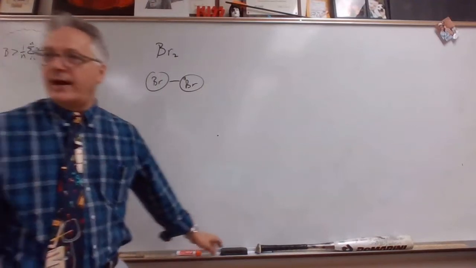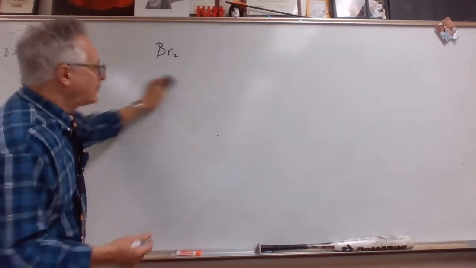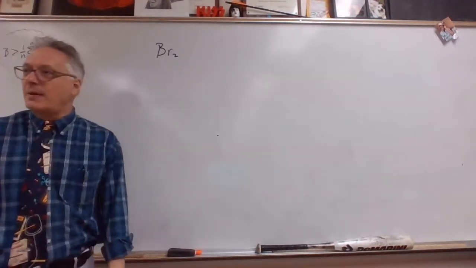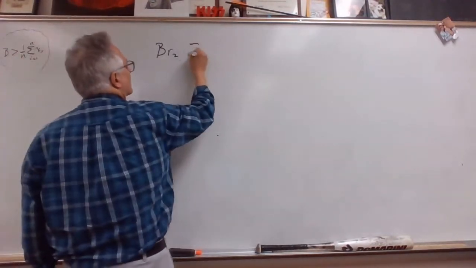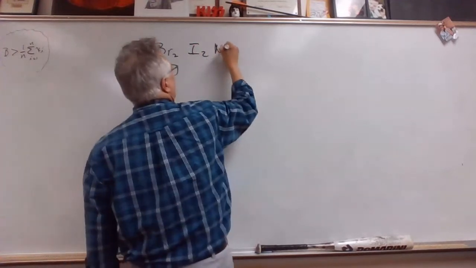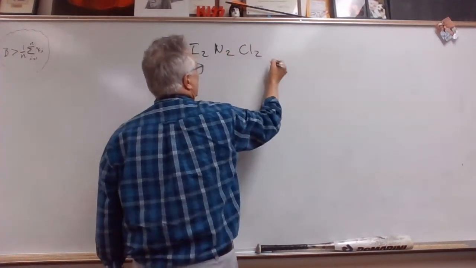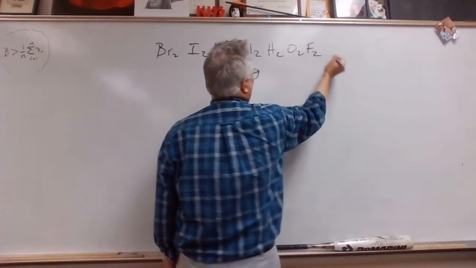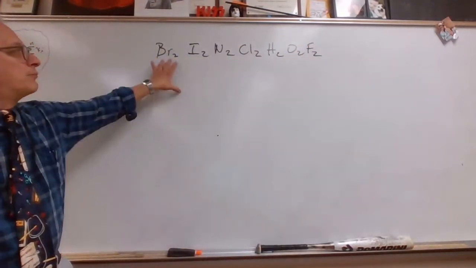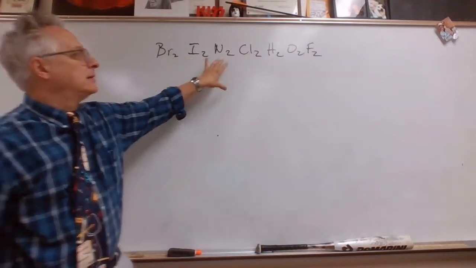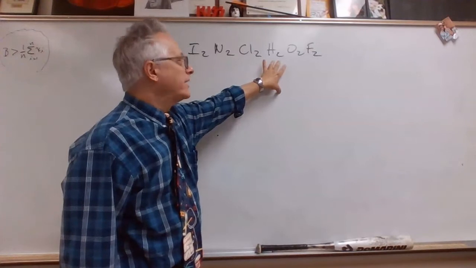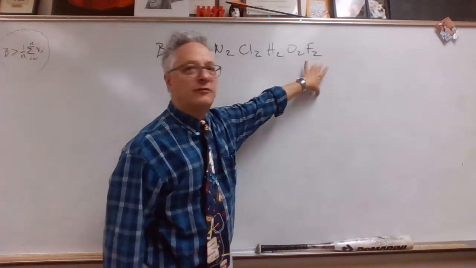So I'm going to write them all out. And I write them in a certain order so I can remember them. And you can maybe remember them as well. Bromine, iodine, nitrogen, chlorine, hydrogen, oxygen, and fluorine.